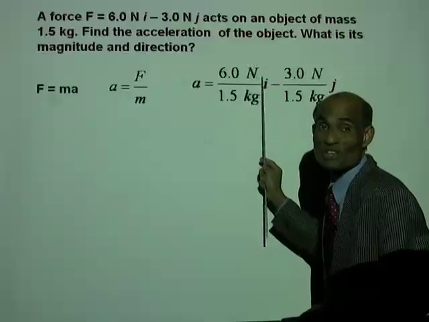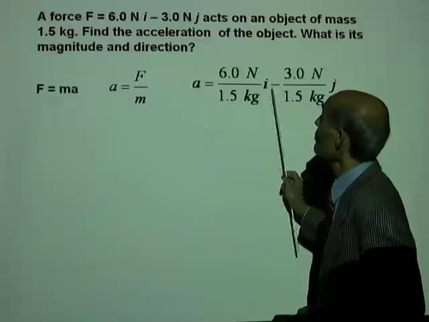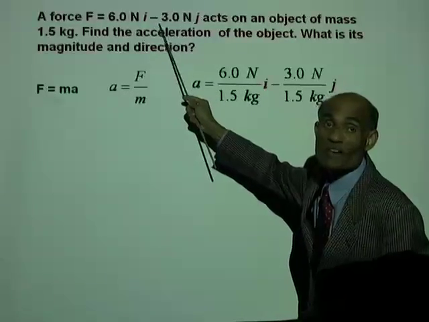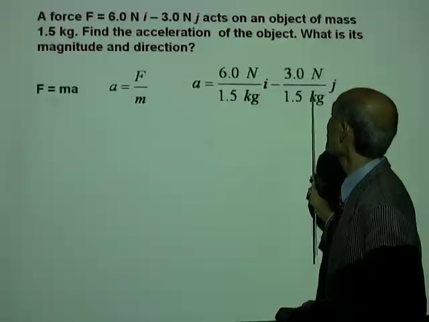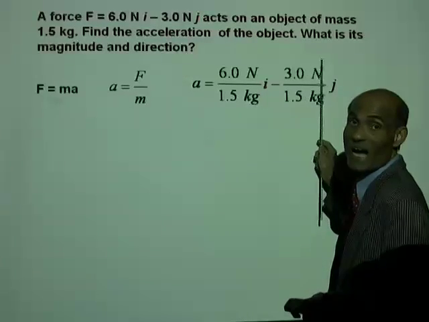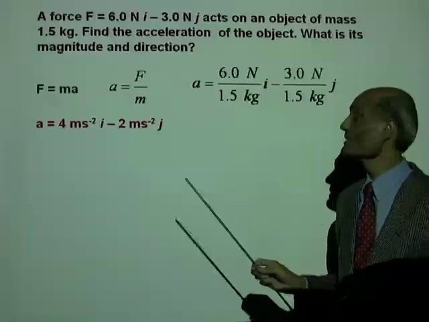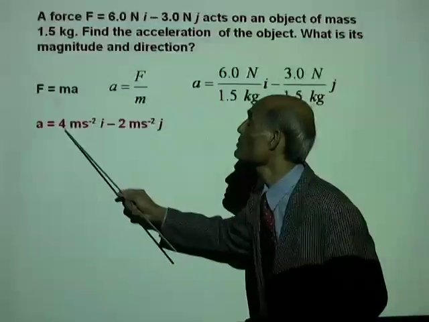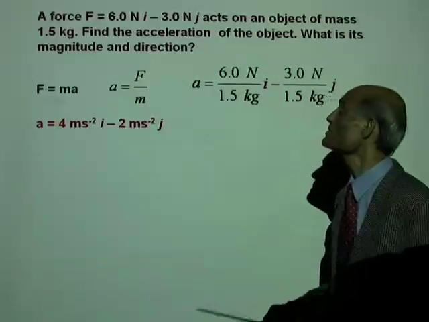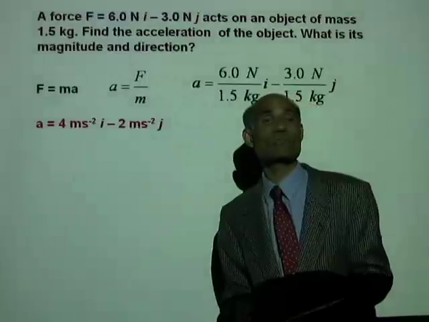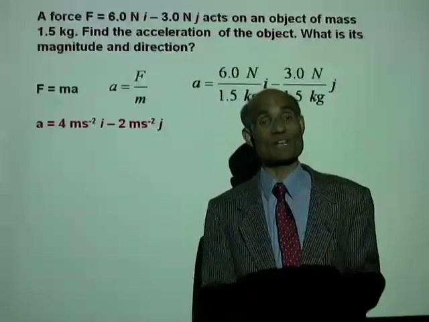This will be the acceleration in the x direction. Minus, why minus? Because the y force is negative. 3 Newton divided by 1.5 kilogram j, and this is the y component of the acceleration. And that will be a equals 4 meters per second squared i minus 2 meters per second squared j. This is the component form of the acceleration.